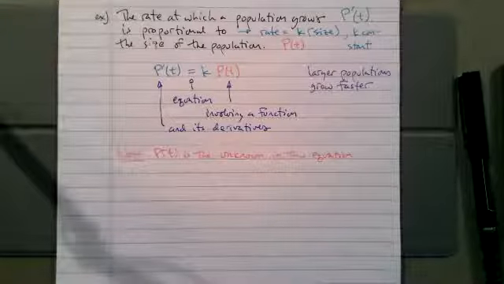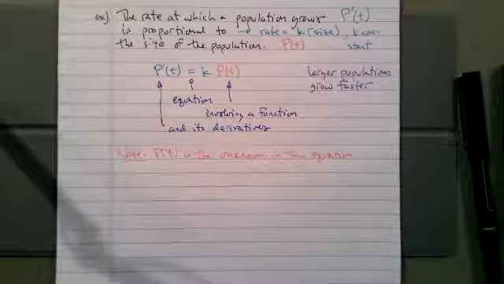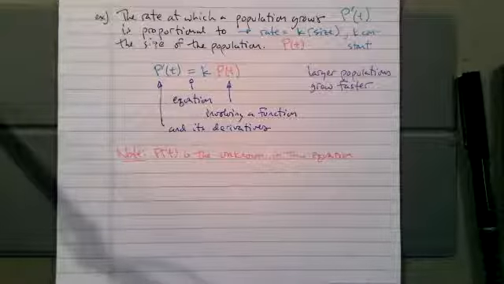So P of t, we don't know what this function is doing. We don't know what this function specifically looks like, but this is a description of a function. That's an important thing to note with this differential equation.